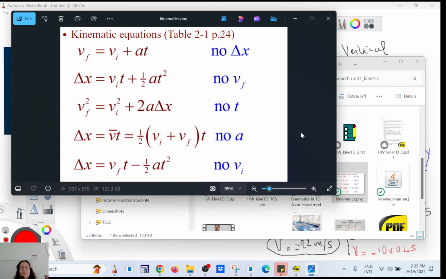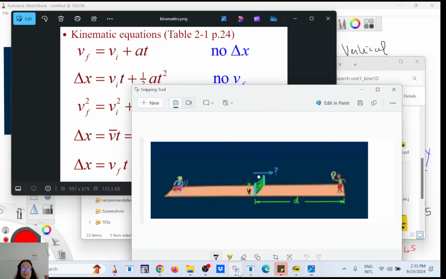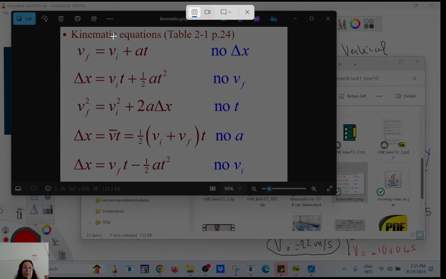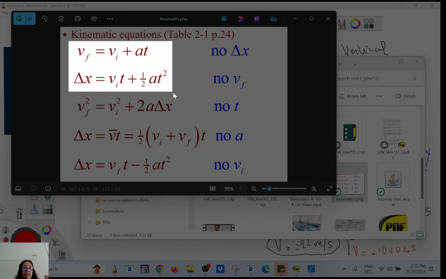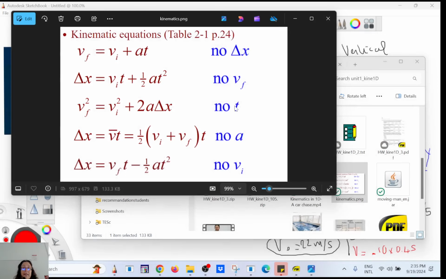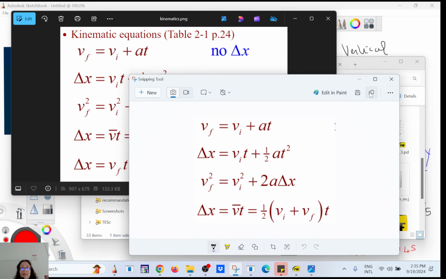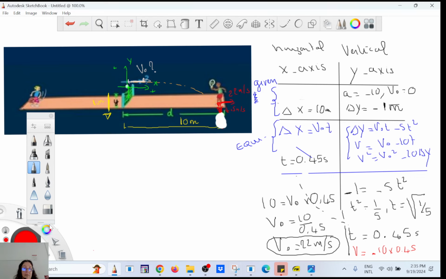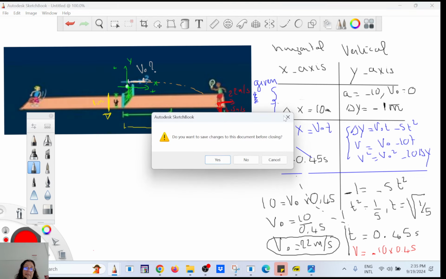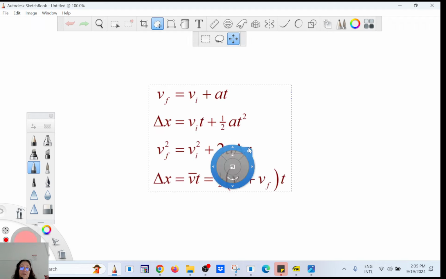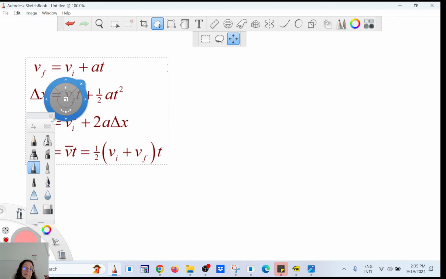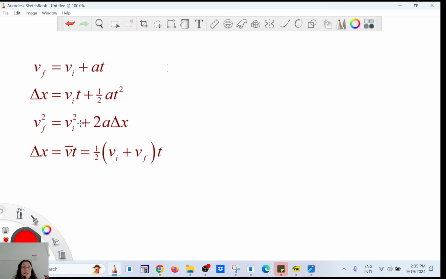So before we move on to vectors, again, because over the years I always see the same mistakes, I want to make sure. This I did last time, but again, these equations here are for uniformly accelerated motion.